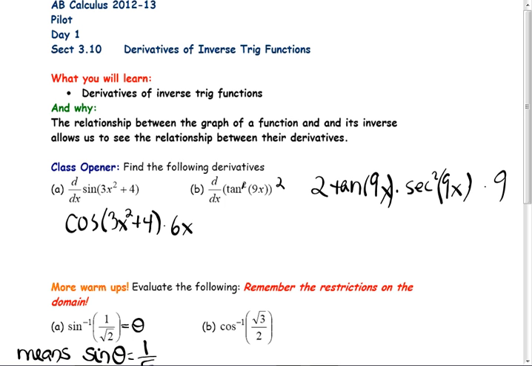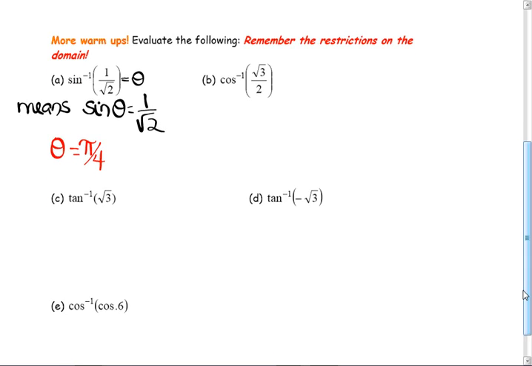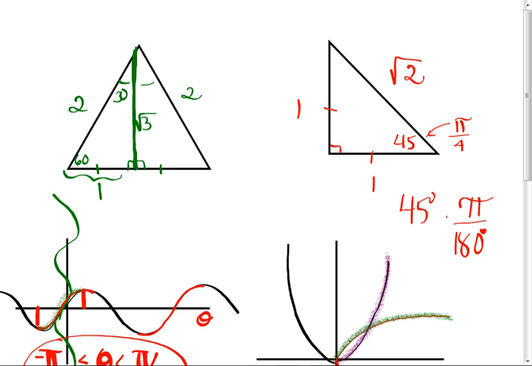Okay. So I don't like to see inverse cosine. That really means the cosine of what angle is equal to the square root of 3 over 2. So now I'm going to look at my triangle. Ready? I want the square root of 3 over 2. So cosine, remember, is adjacent. So it's this one over this one.